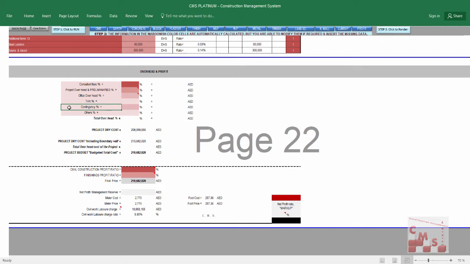Otherwise, without contingency, maybe you will be in trouble later. So, according to your requirement and according to your company policy, you have to add all of these.